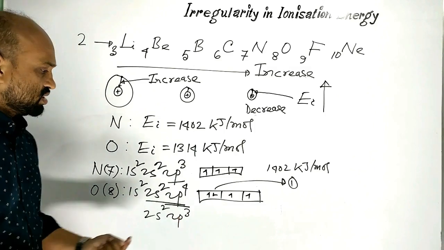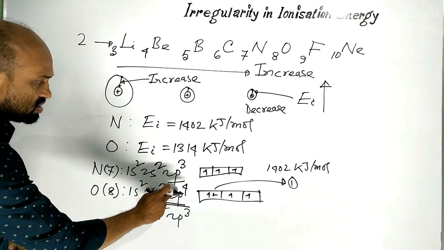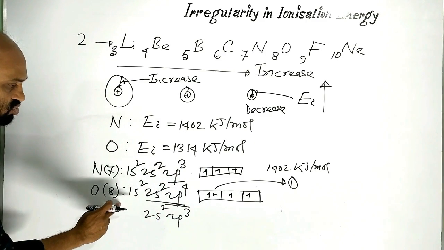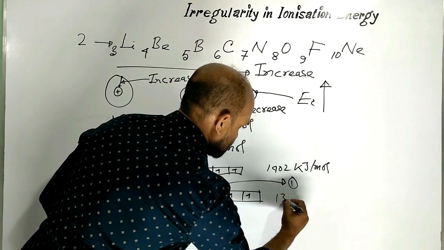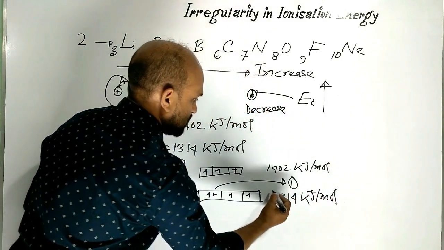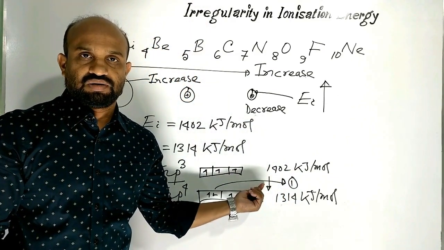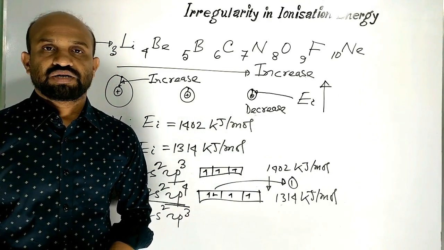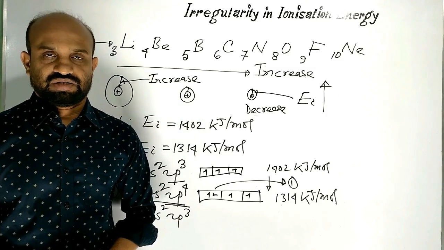Because of this, removing one electron is a bit easier, and to remove one electron from its outermost shell, it requires a bit lower energy, and this is 1314 kilojoule per mole, which is a bit lower than nitrogen. So again, here electronic configuration is responsible for the irregularity in ionization energy.